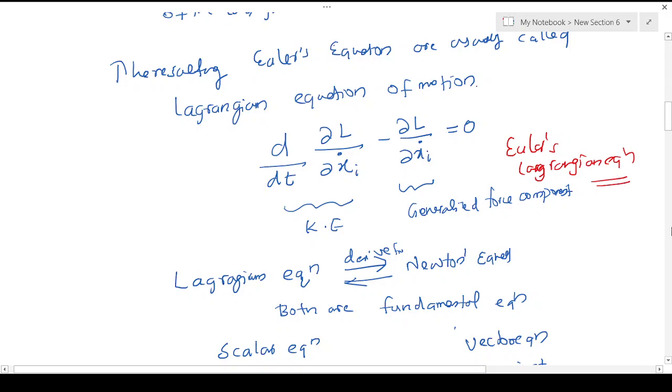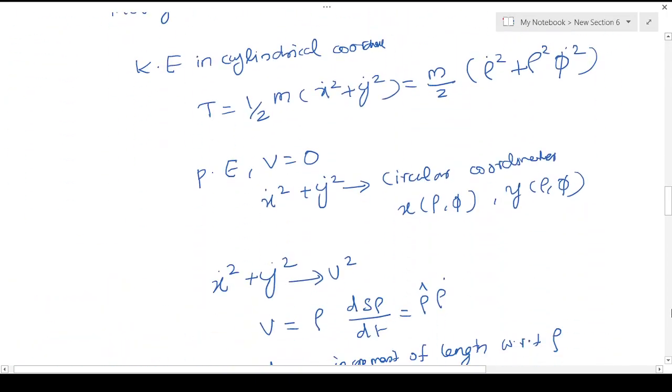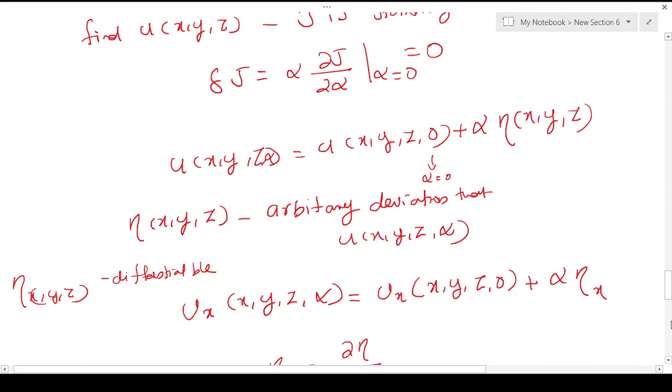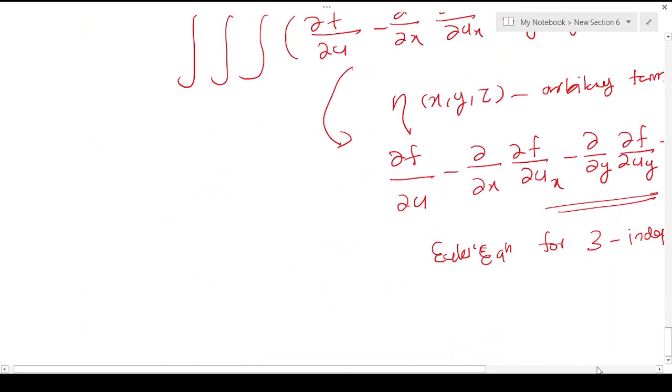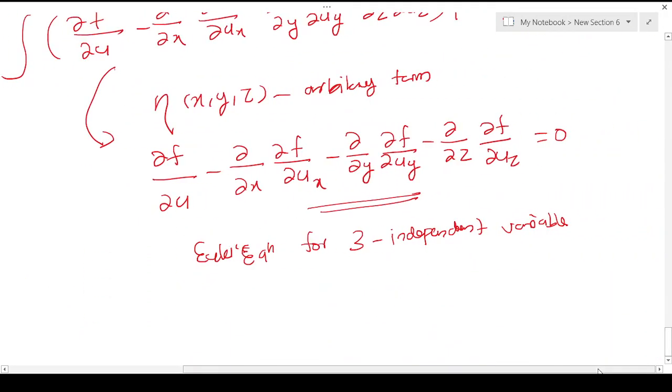This is very important from an exam point of view, so you have to note it down. And now we have the Euler equation for the three independent variable case.